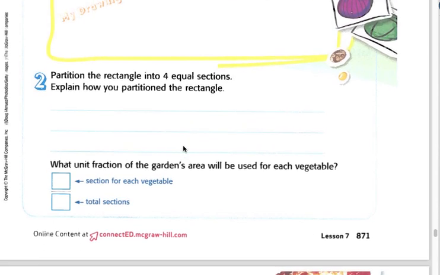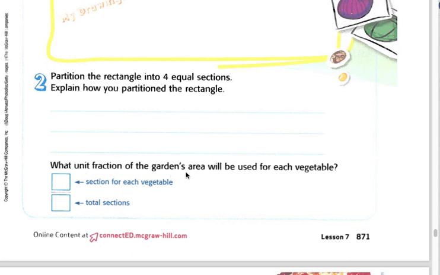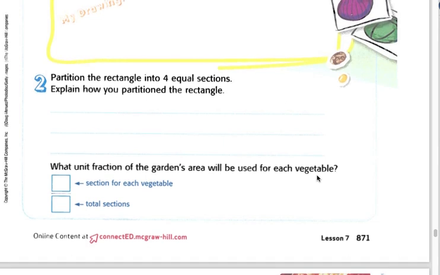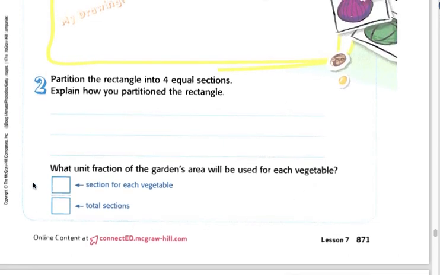So now it says, what fraction of the garden's area will be used for each vegetable? So now as a review of fractions, we have the numerator, that was the top number. The denominator was the bottom number. They're giving us a little hint here. This is the total sections. Well, that was 4.